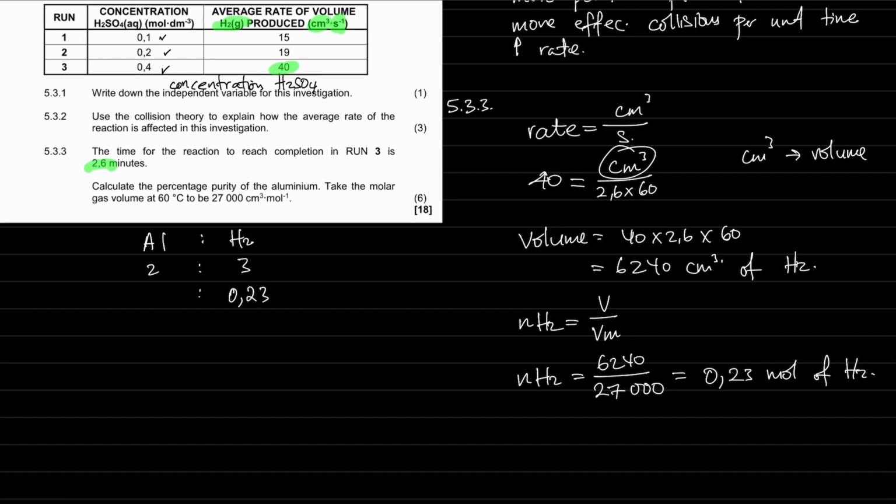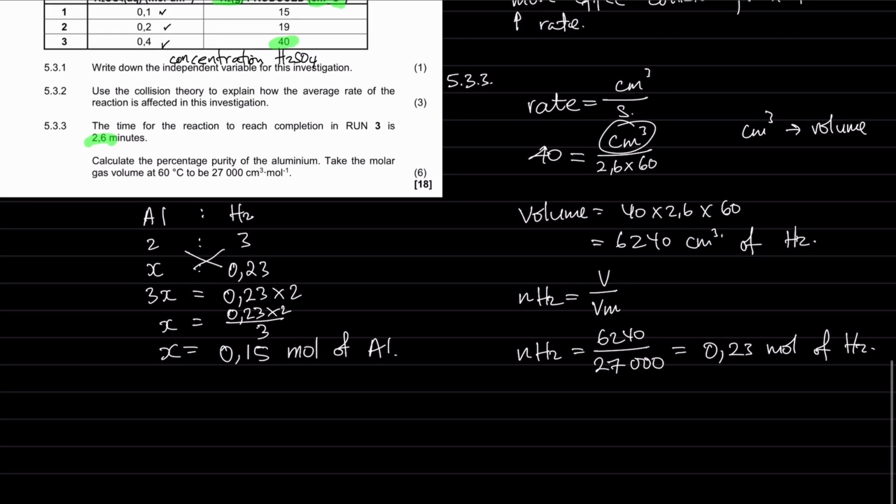And we want the number of moles of aluminium, so let's call that X. Now we can cross multiply. So 3X is equal to 0,23 times 2. That means X is equal to 0,23 times 2 divided by 3. So X is equal to 0,15 moles of aluminium.